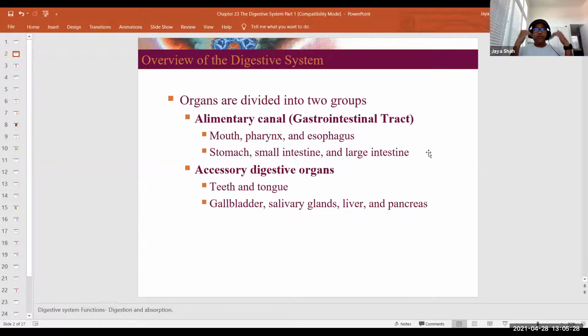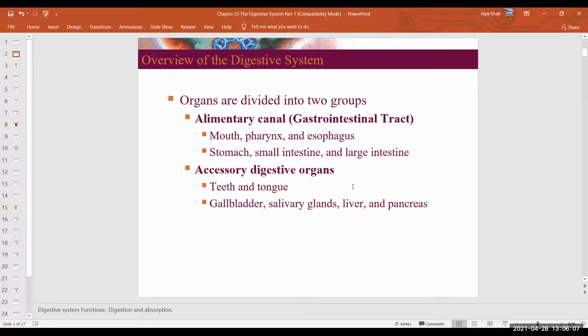So the alimentary canal takes food in the tube and then breaks it down by mechanical force, as well as with the help of enzymes they break it further down. On the other hand, accessory digestive organs are on the side of the tube and they are connected to the tube through ducts, and they produce and deliver enzymes and other secretions which help in chemical digestion of the food we have eaten.